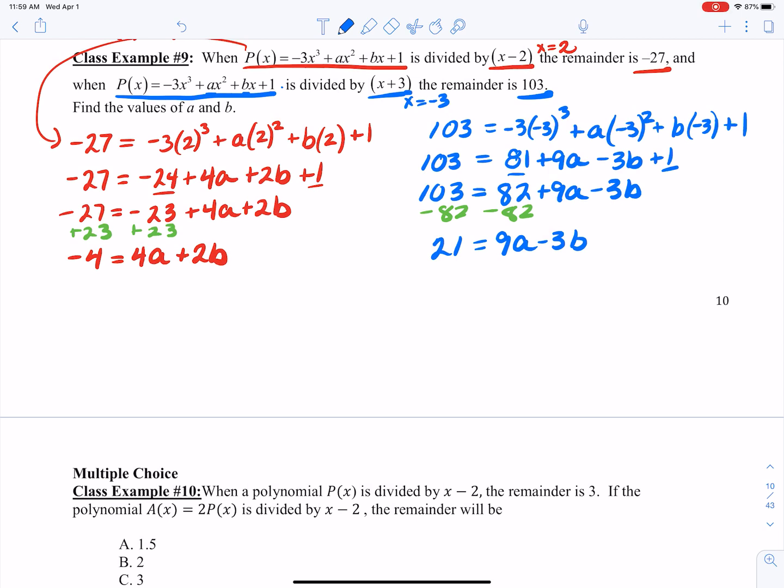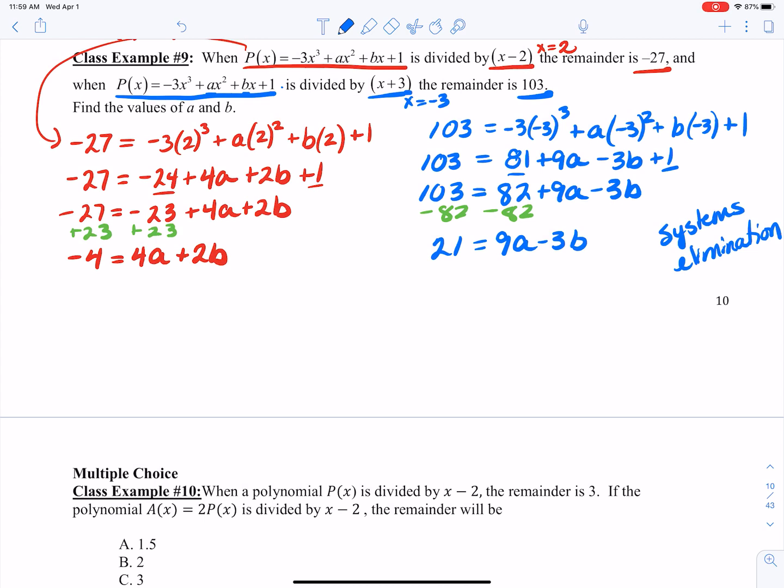All right, so we've already done some questions like this where we have two unknowns and two equations. So I'm going to solve this using a system, and I'm going to use elimination. I can eliminate either a or b, doesn't really matter. I think I'm going to eliminate b because it's going to give me some smaller answers.